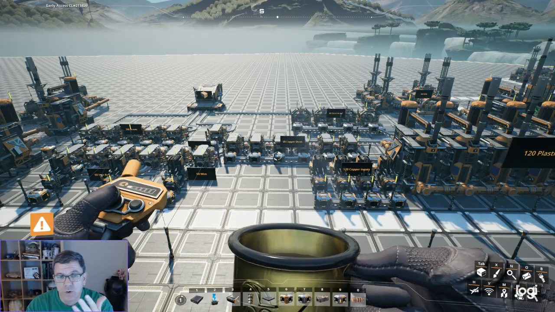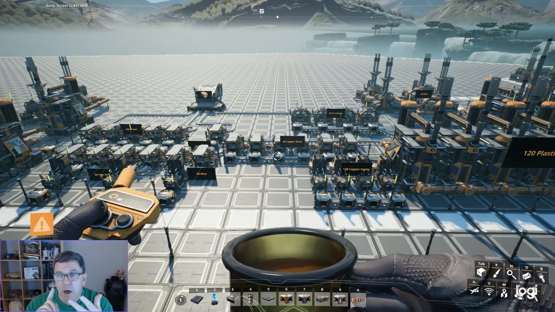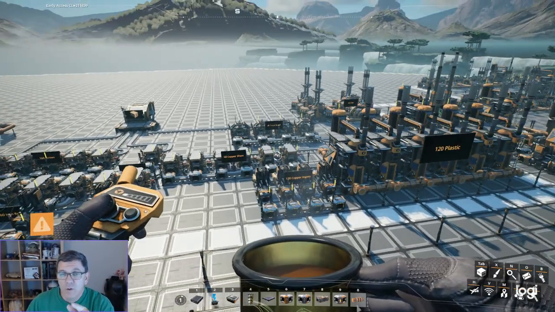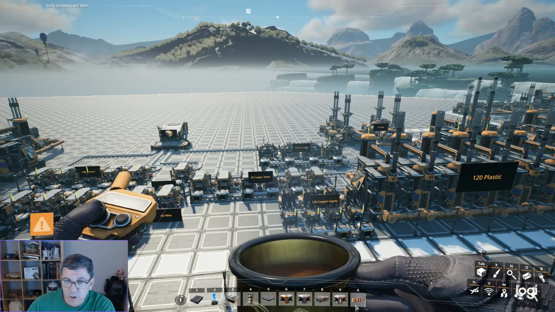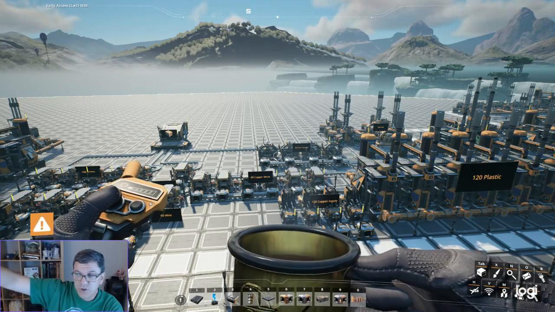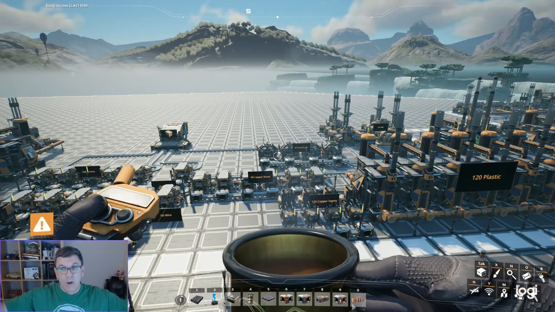You could pipe in your screws, your cable, and your plastic. And really, the only thing you'd have to make down here would be your circuit boards, although you could take off of your circuit board factory, which is just down the way there, and just dump it all into here, and you wouldn't have to build all of this.